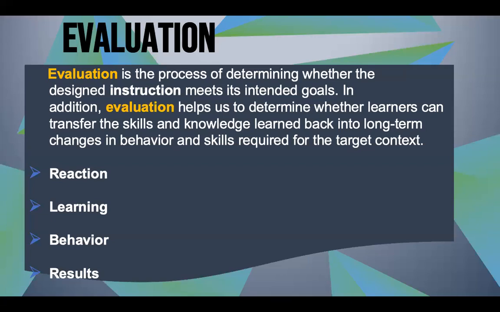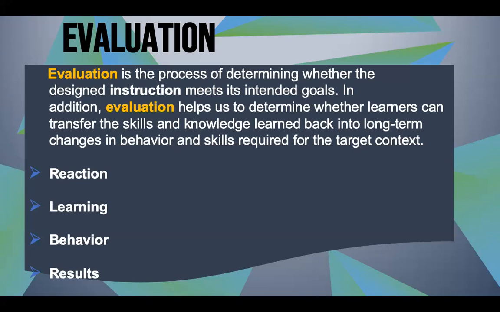You can find that out by evaluation, which is the process of determining whether the designed instruction meets its intended goal. In addition, evaluation helps us to determine whether the learner can transfer the skills and knowledge learned back into long term changes in behavior and skill required for the target context. So this is important to know whether you got your intended goals or not.